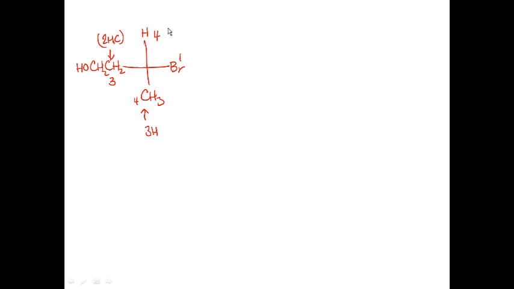This becomes group 4. Now let's translate that into the bow tie structure. So I've got 1, 4, wait, sorry, this one was... This is 2 and this is 3.